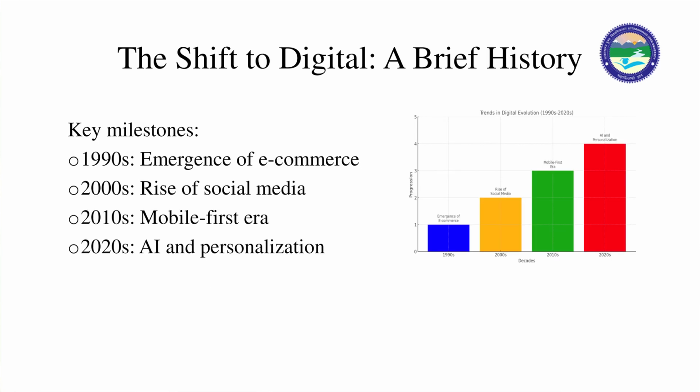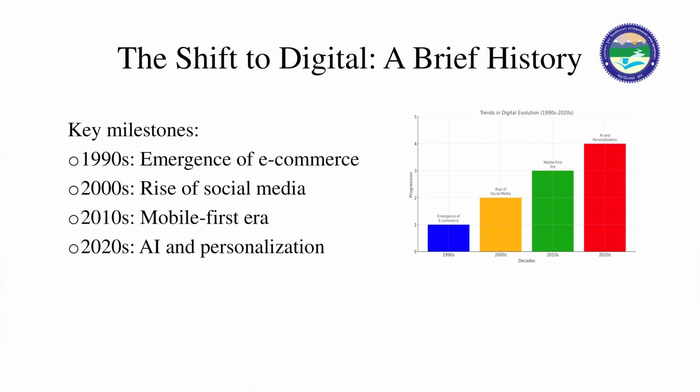The shift to digital. A brief history about this. Dear learners, to understand the transformation or shifting of traditional system to digital technology can be described using following key milestones. First one is 1990s. This period can be understood as an emergence of e-commerce. 2000s, this period can be defined as a rise of social media. 2010s, this period can be defined as mobile first era.